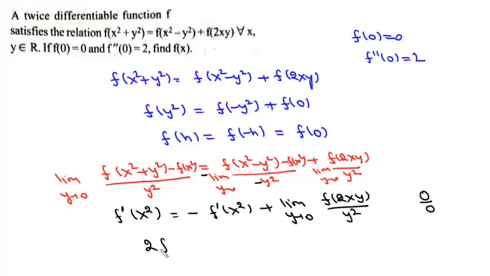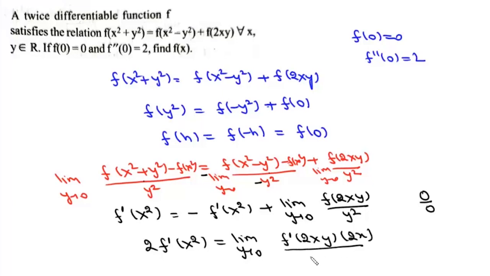So we can write 2 f dash x square will be equal to this limit y tends to 0. Now this is f dash 2xy into 2x upon 2y.